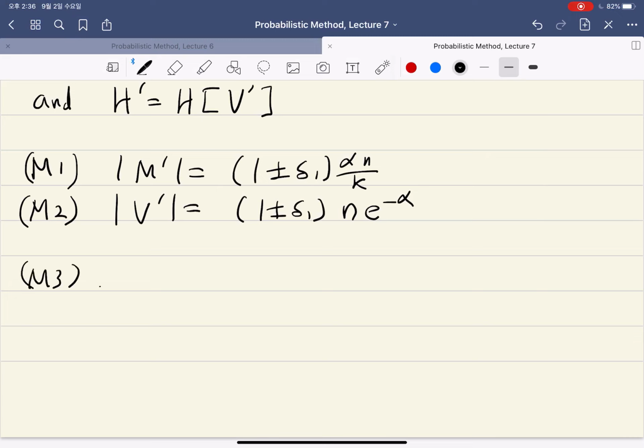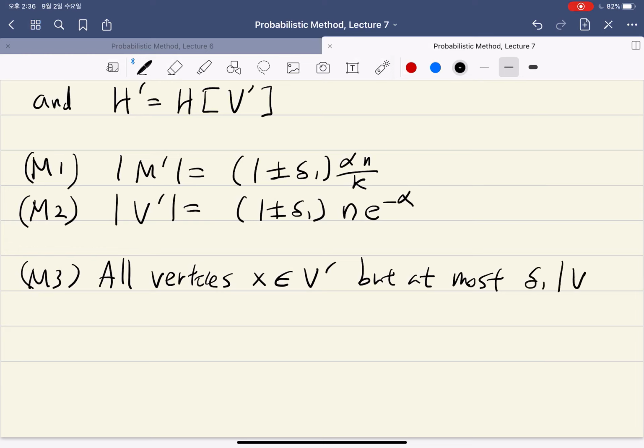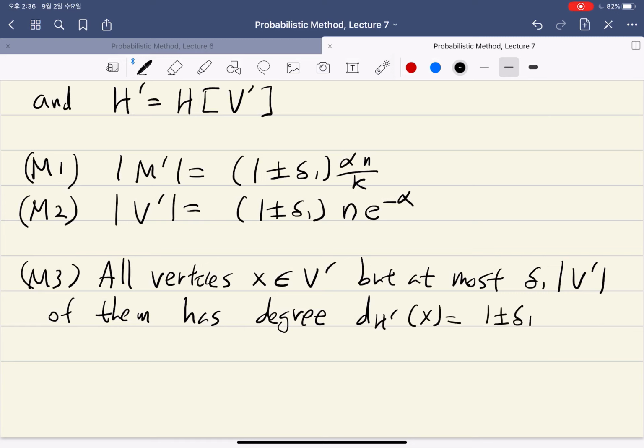and for vertices x inside of V prime, but at most delta 1 times the size of V prime of them, the degree in H prime is close to t times e to the negative alpha, to the k minus 1.